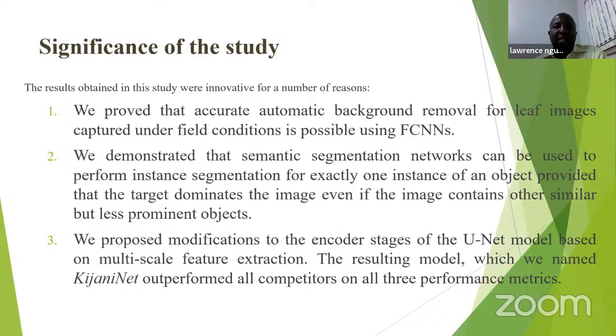In this case, even if the image contained other similar but less prominent leaves, those leaves were automatically pushed to the background, and we only took the dominant leaf from the image.